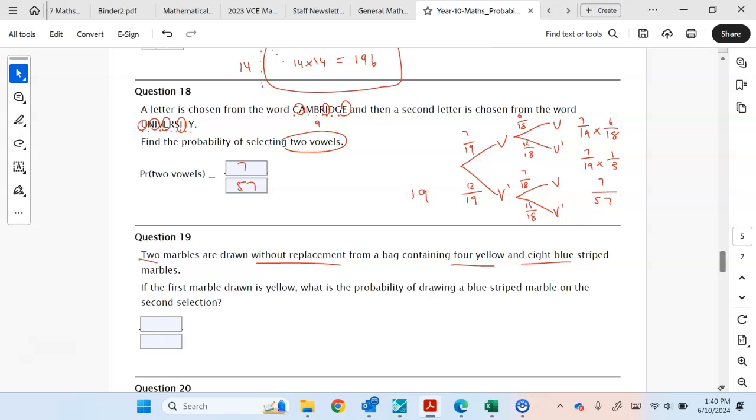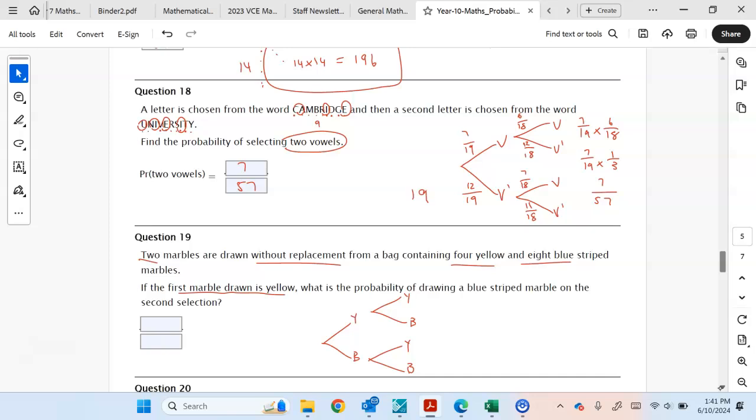All right, let's do a tree diagram again. So yellow, blue, yellow, blue, yellow, blue. We want, if the first marble drawn is yellow, the probability of drawing a blue marble on the second selection.